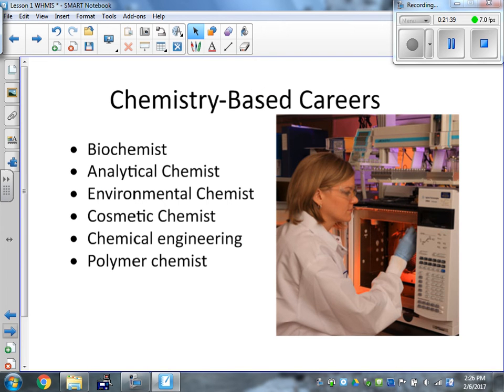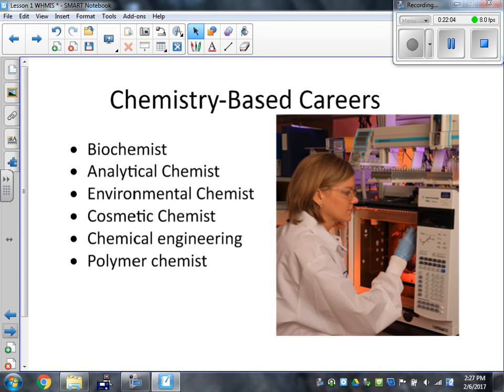Okay, and here are some chemistry-based careers that you may be interested in, perhaps. Biochemist, of course. Obviously a combination of biology and chemistry. Analytical chemist, environmental chemist, cosmetic chemist, chemical engineering. Usually when we think of chemistry careers, we think of chemical engineering.